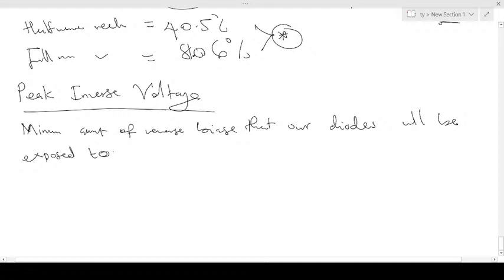Now in half-wave rectification, we found out that our peak inverse voltage, or PIV, is equal to Vm. That's for half-wave.